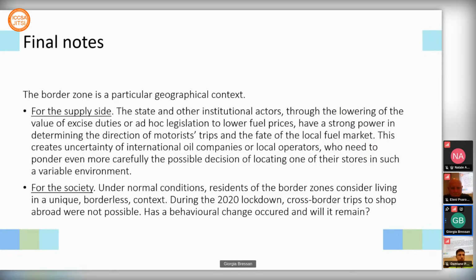And this creates uncertainty for companies and local operators, who need to ponder even more carefully the possible decision of locating one of their stores in such a variable environment.